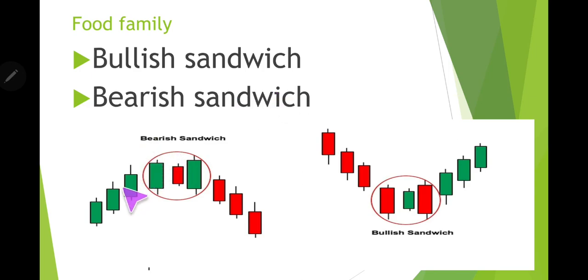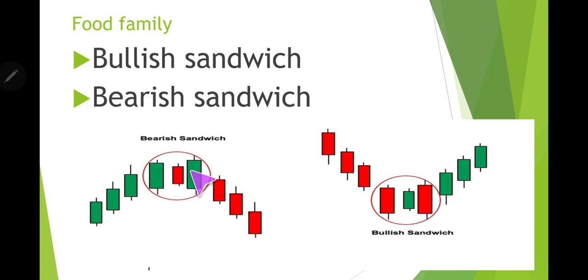A bearish sandwich will appear on top of an uptrend like this. On top of an uptrend, you'll find that there's a candle there, and another candle in a harami position in relation to it. We know that the bearish harami signifies that the trend is going to change direction and go down.